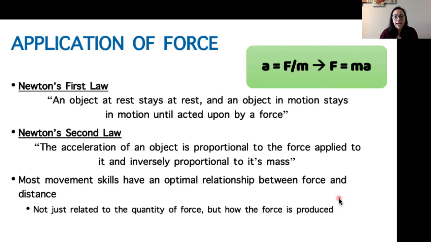Most movement skills have an optimal relationship between force and the distance over which that force is applied. So let's take the example of kicking a soccer ball. Taking a step or running into the kick, like professional soccer players do, is likely to produce more force translated into the ball than if a person was just kicking from a stationary position.